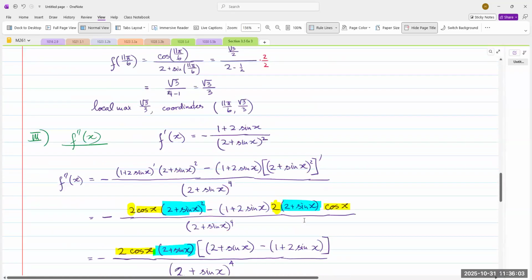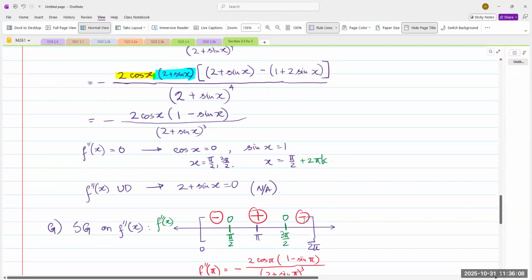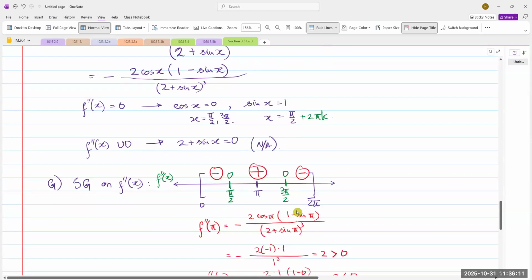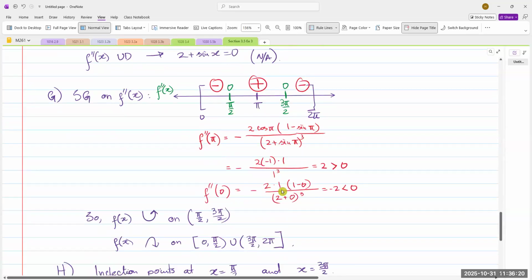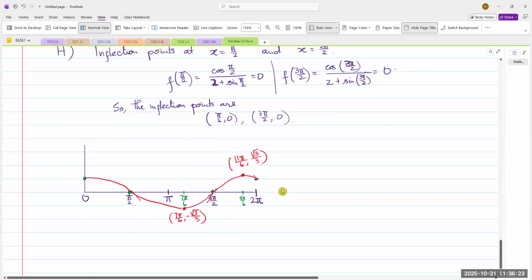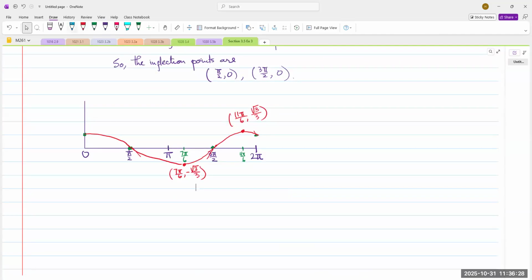Okay, and then when we do the second derivative and find where it becomes 0 or undefined, we construct the sign graph of f double prime. From there, we observe where the function is concave up or concave down. So if I really put together those sign graphs here, just to help us imagine, f prime of x is positive and negative.